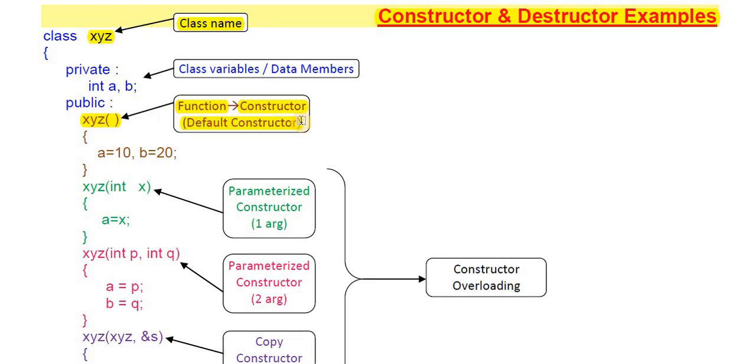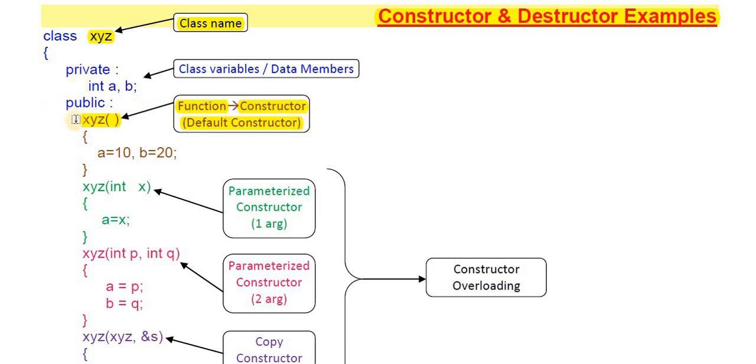So it is called a default constructor. First of all, what is a constructor? A constructor is a special member function of a class which has the same name as the class, and it is used for initializing the objects, and it is called automatically when objects are created.